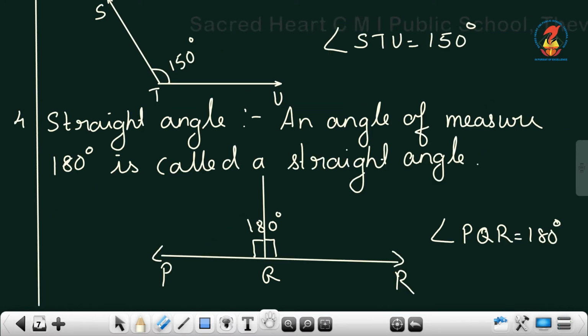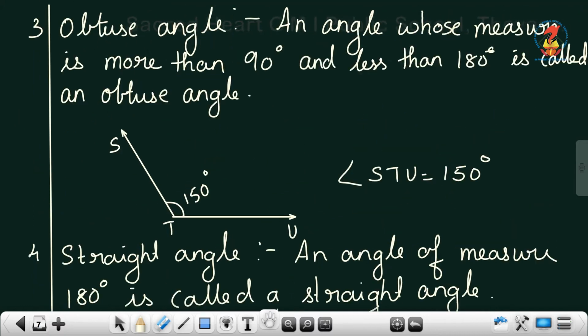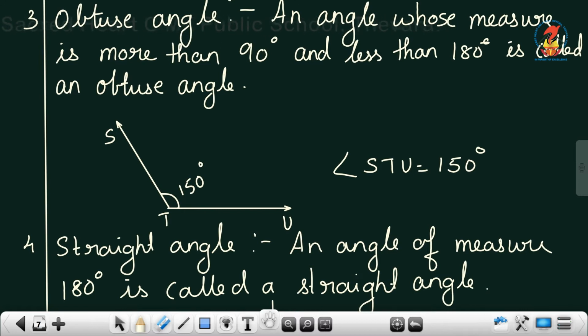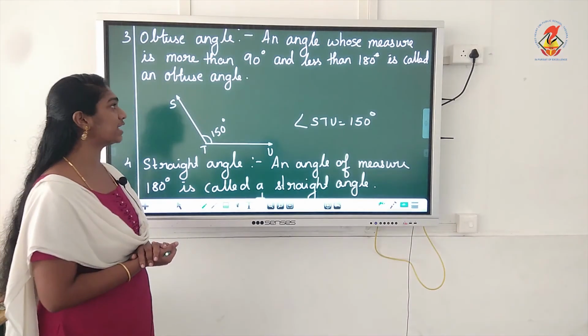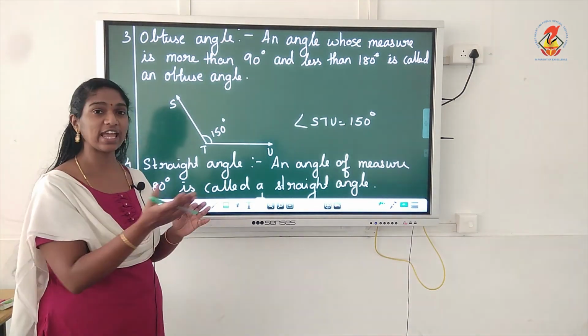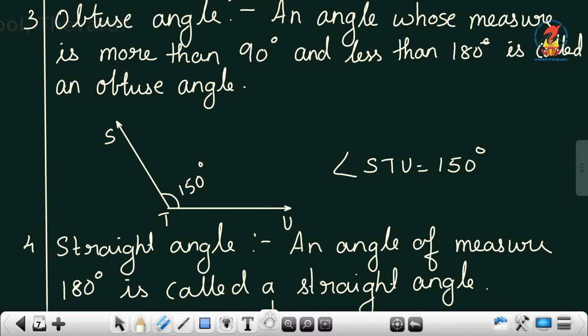Now coming to the third one, obtuse. It is pronounced as obtuse angle. Here what is the measure? It should be more than 90 degree and less than 180 degree. In a protractor you have from 0 to 180 degree.